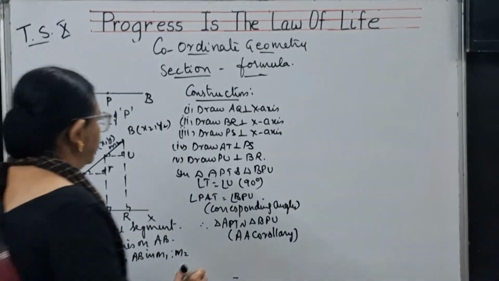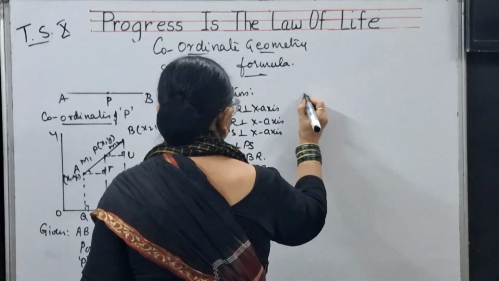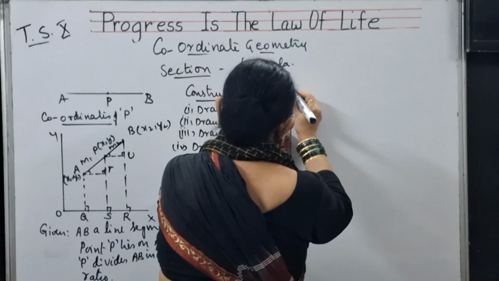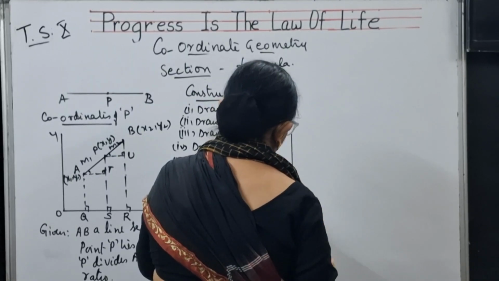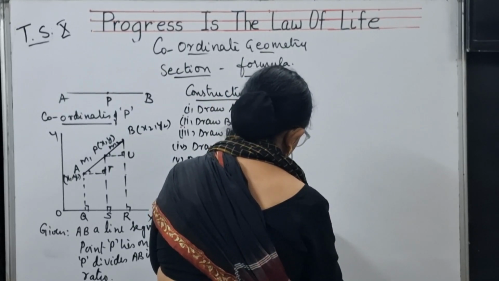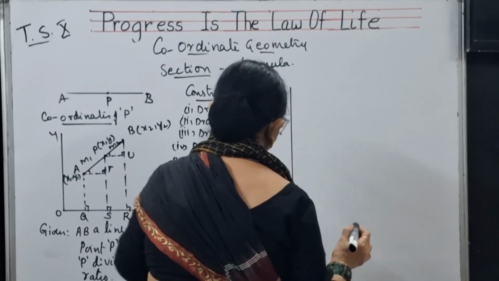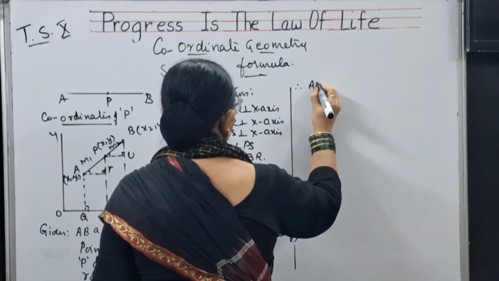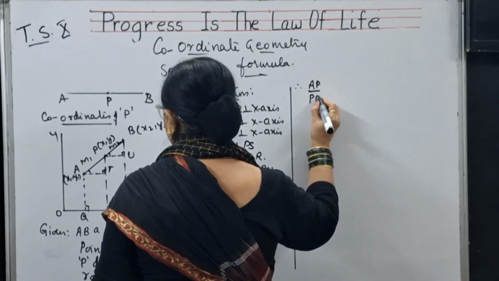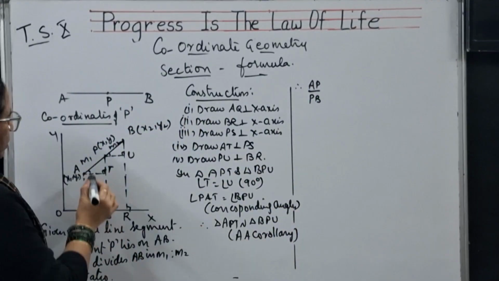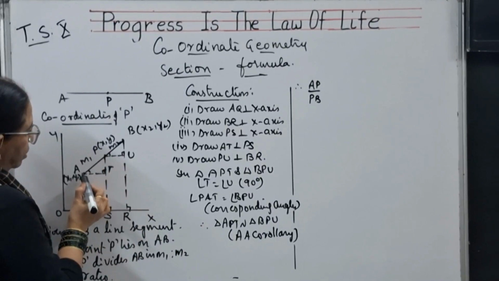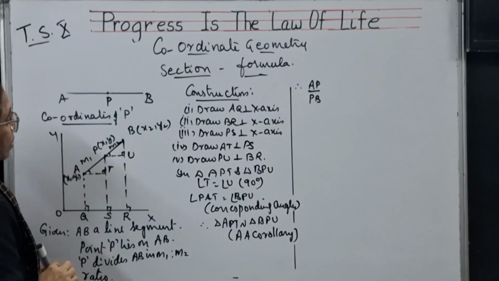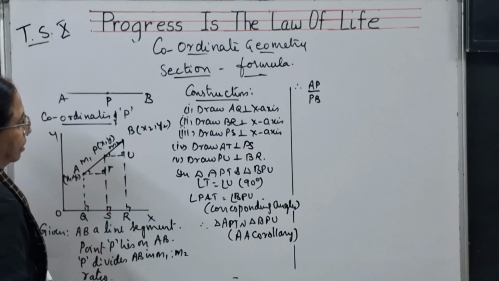When two triangles are similar, what can you say? Therefore, AP by PB. See, children, these two triangles are similar, so their corresponding sides are proportional.